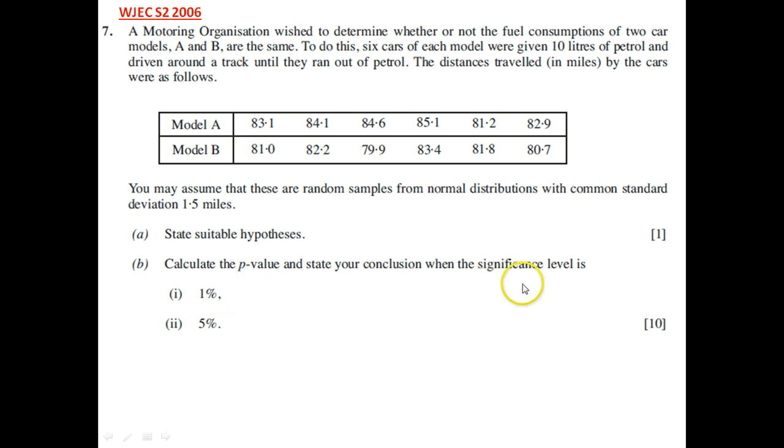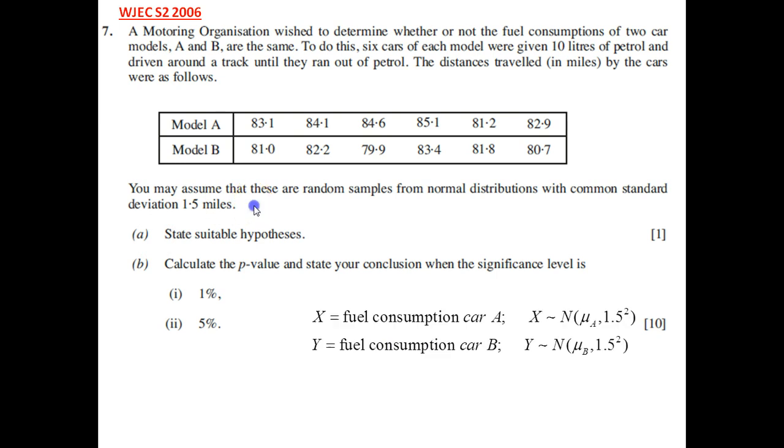So we are given the significance level in this question. So we want to test: is the mean A equal to mean B, or are they not equal? So the fuel consumption of car A is normally distributed with 1.5 as a standard deviation, and so is B. They've got different means.